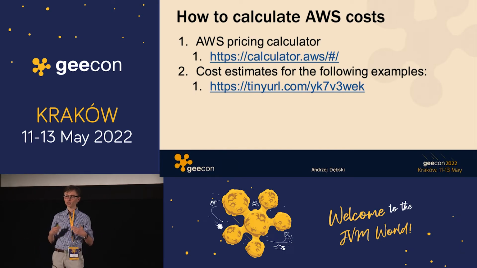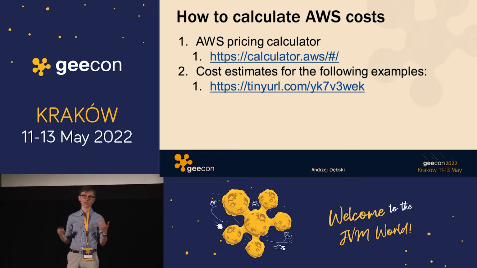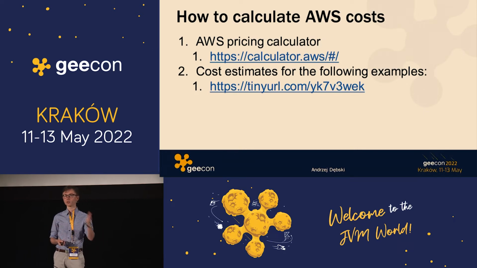So you can create a comprehensive cost estimate for your infrastructure. And you can share your estimate, you'll get a link to it. You can also see how the final price is calculated, the intermediate steps, so you can understand where the cost is coming from for specific services.